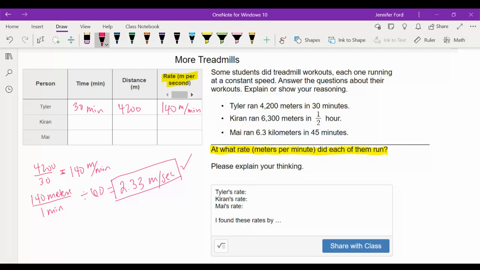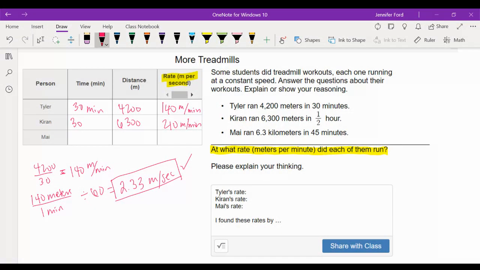Right. So then Kieran, half an hour is still 30 minutes, 6,300 meters. And then if I divide 6,300 meters divided by 30, I get 210 meters per minute. And if I divide that down by 60, I would get Kieran's rate.